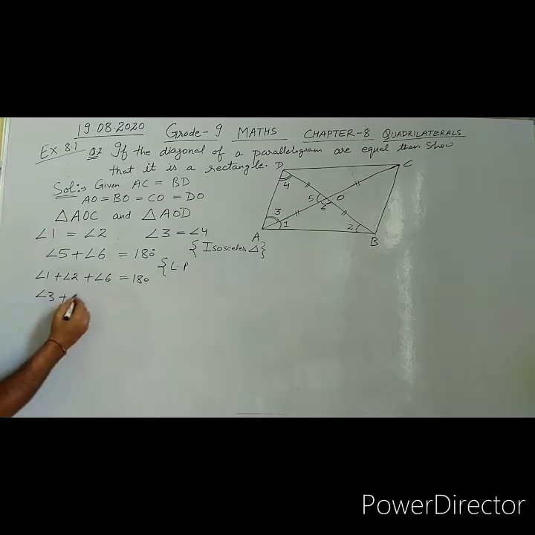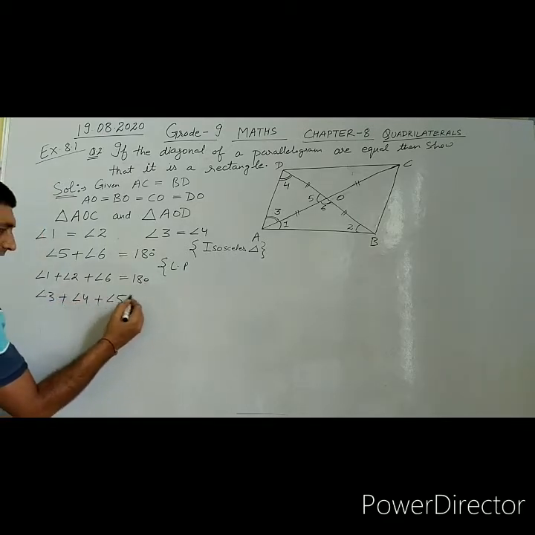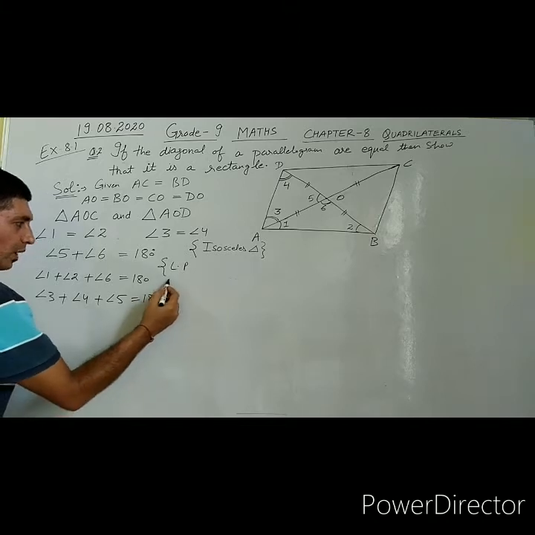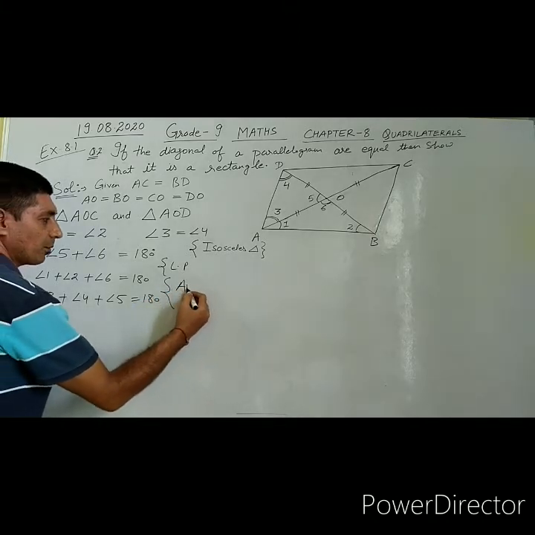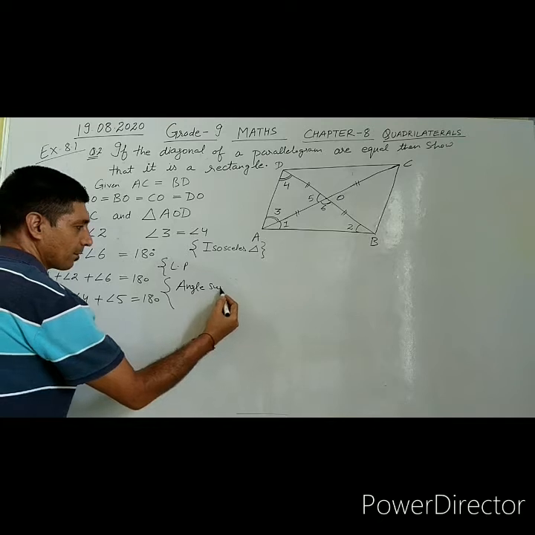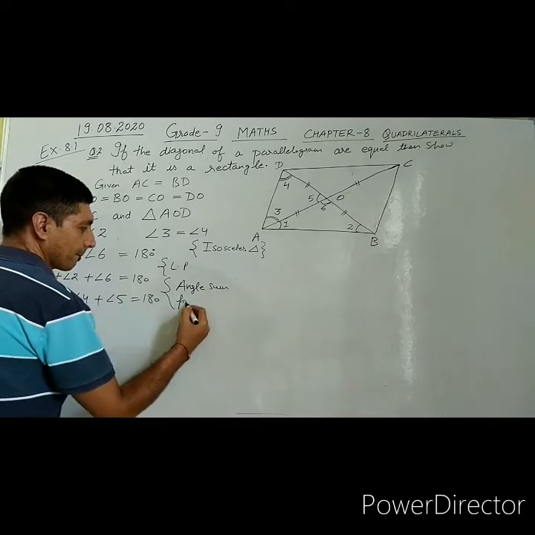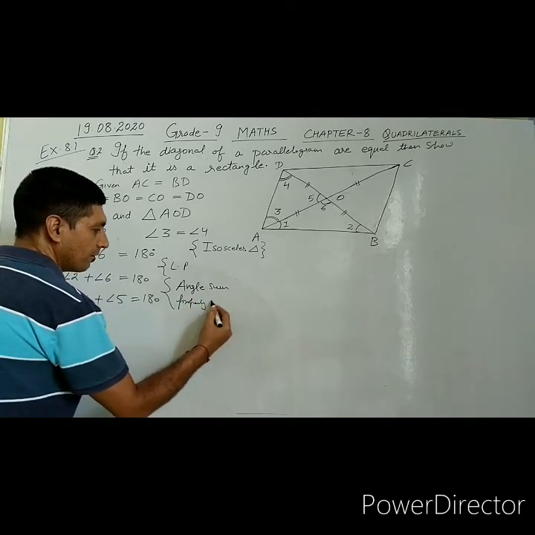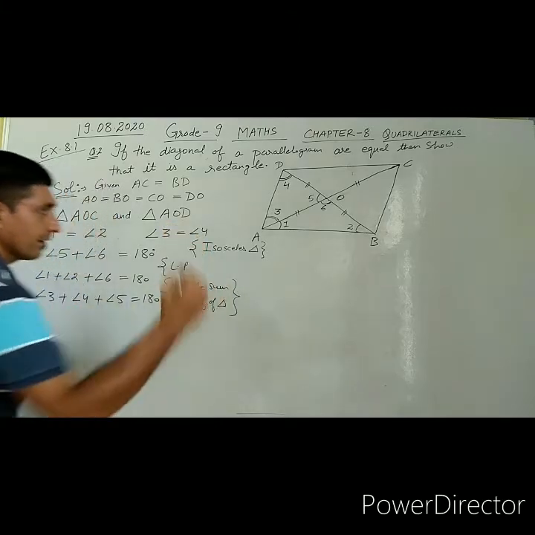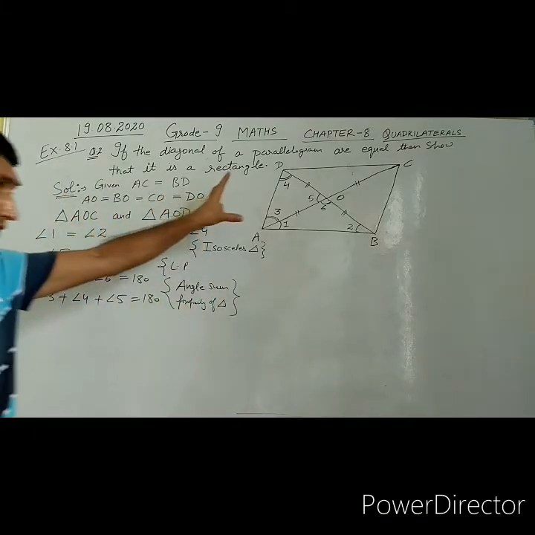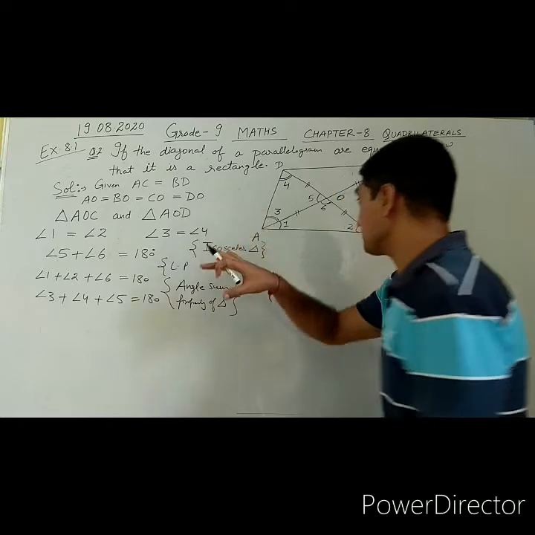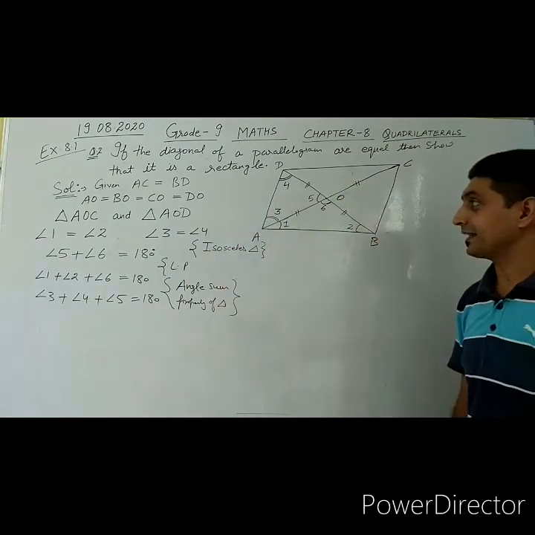And angle 3 plus angle 4 plus angle 5 is also 180, why? Both by the angle sum property of a triangle, right? Now we have all the ingredients to prove that angle A is 90.